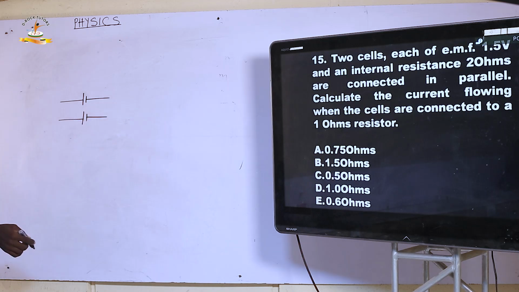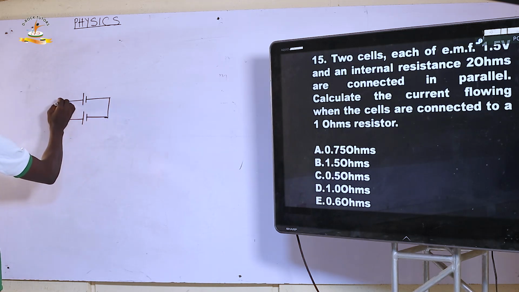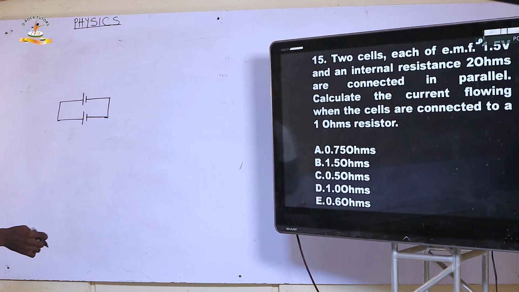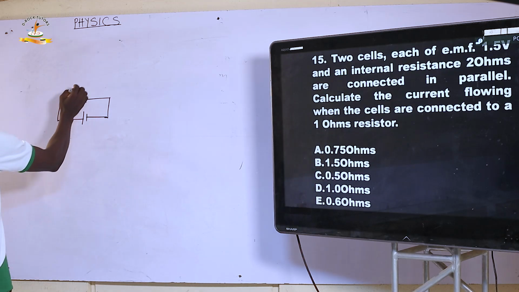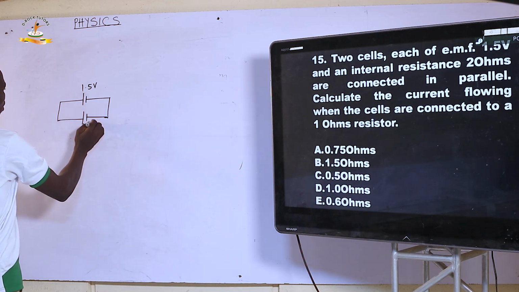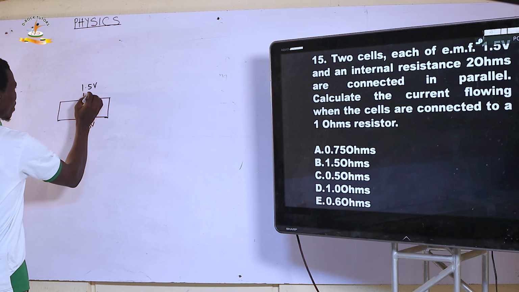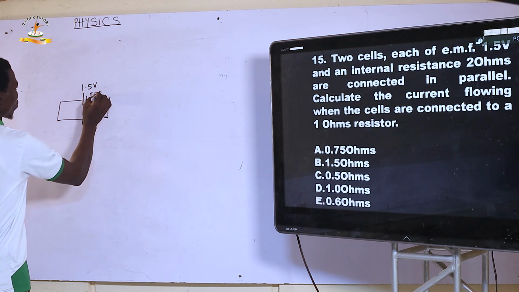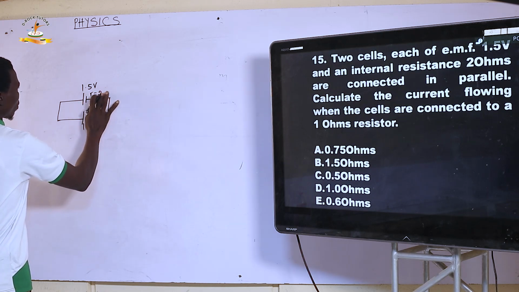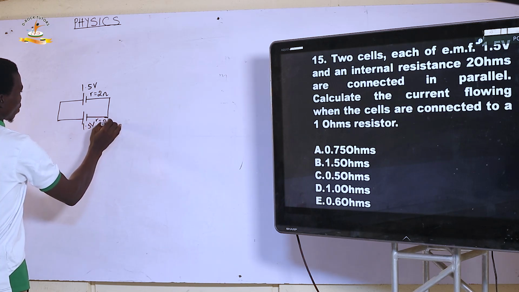So these are the cells that are connected in parallel, and their EMF is 1.5 volts. However, their internal resistances are 2 ohms. So the internal resistance, small letter r, is 2 ohms and 2 ohms.